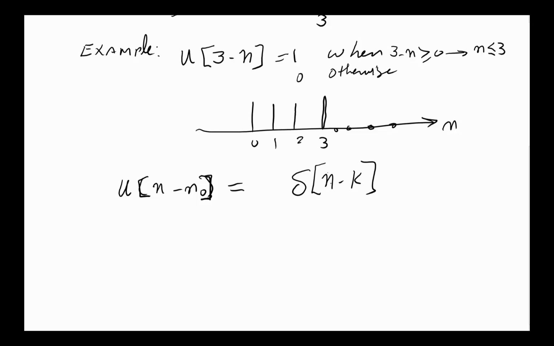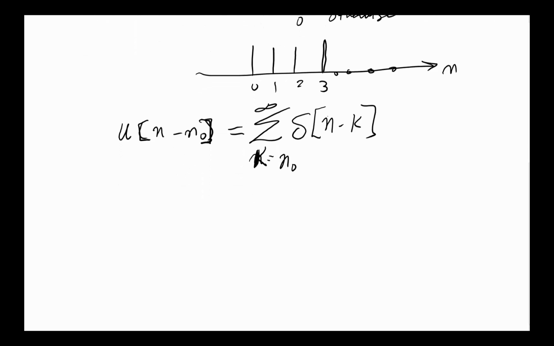The way we write this is a summation over k equals n0 to infinity of delta[n minus k]. Those two are the same thing, so we can write them back and forth if we want.